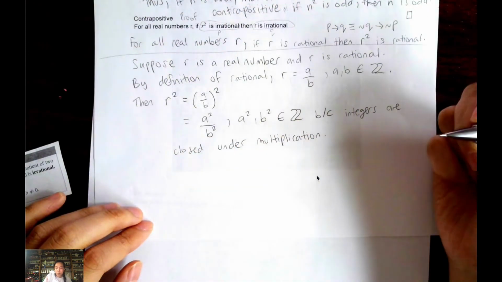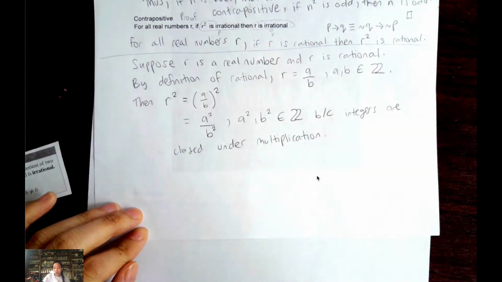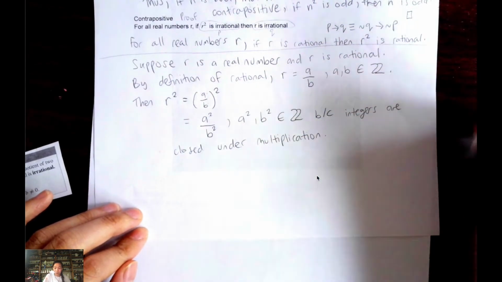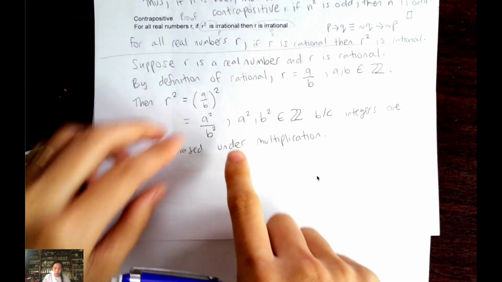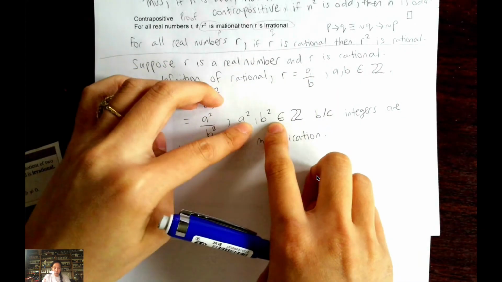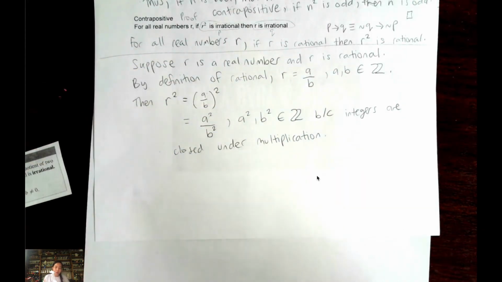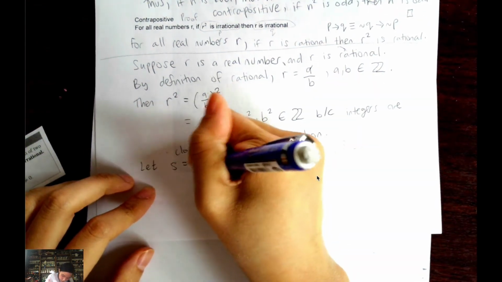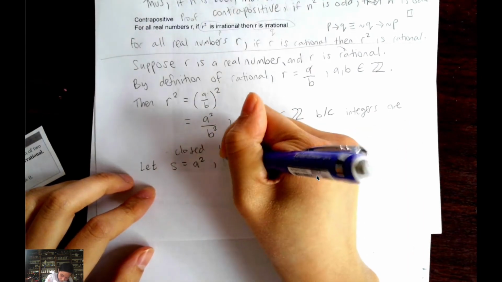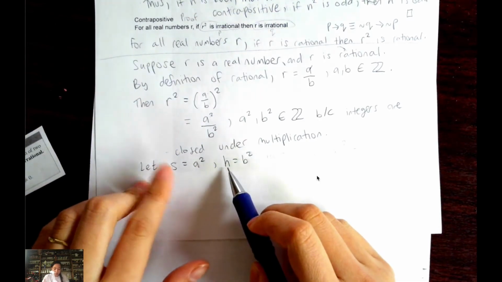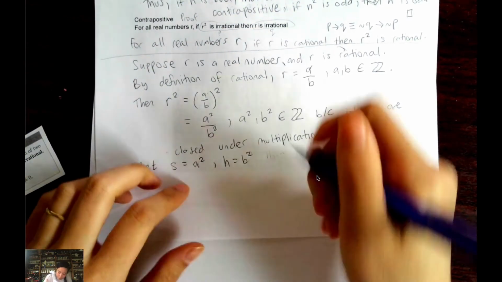Depending on what your professor wants, you could just put a comma right here and say, which is the definition of rational, because we did show that r squared is the quotient of two integers. However, if you want to be really precise, it is optional to say something like, let s equal a squared and h equal b squared. I just chose some random letters, s and h.